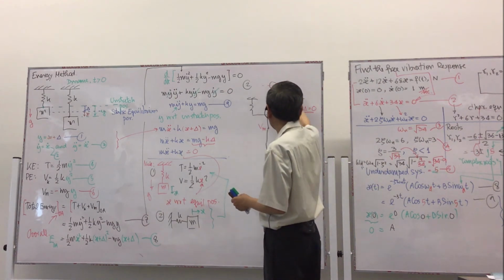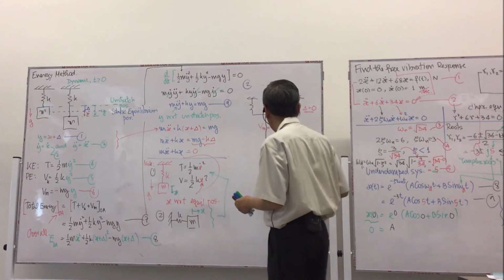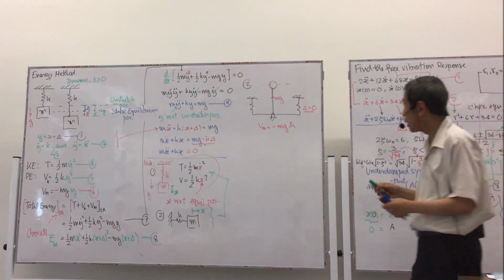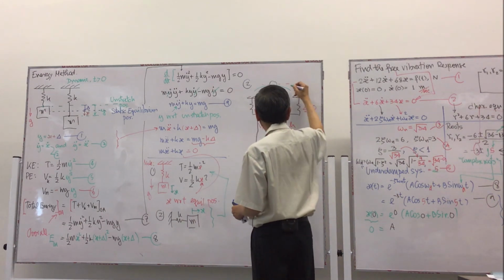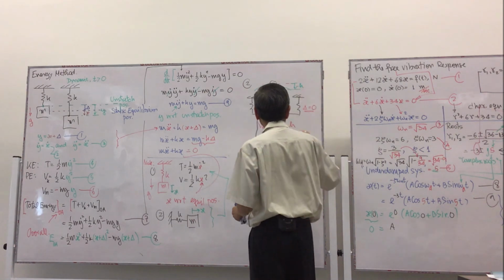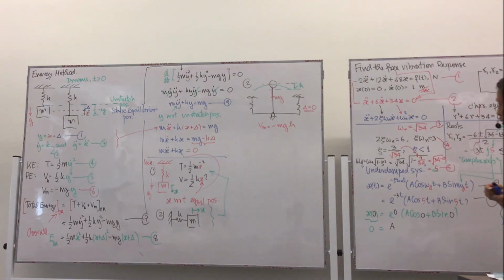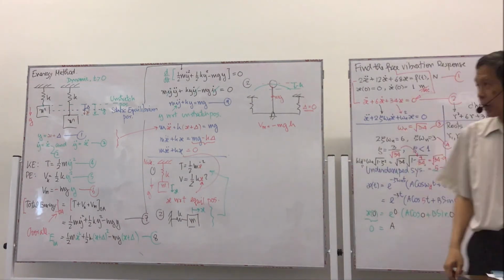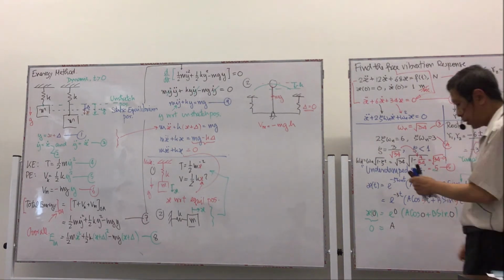When going down, it is going to be minus m g h, because the equilibrium is the red one, and at every point when it moves down, it is going to be minus h. Similar to this case. That's going to be the example for the energy method.